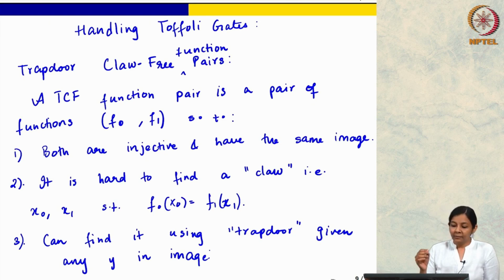In some sense, we have seen these ideas of doing partial measurements and getting a superposition over points that somehow map to the same point, very high level. Here also we will be able to create a superposition over these claws. We will see how to do that.